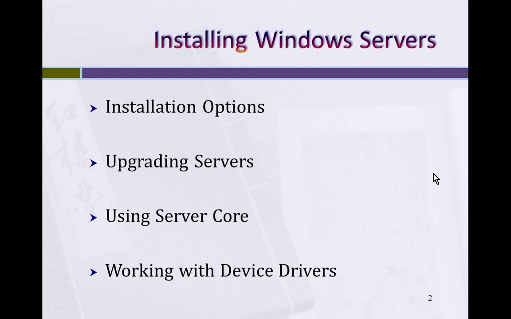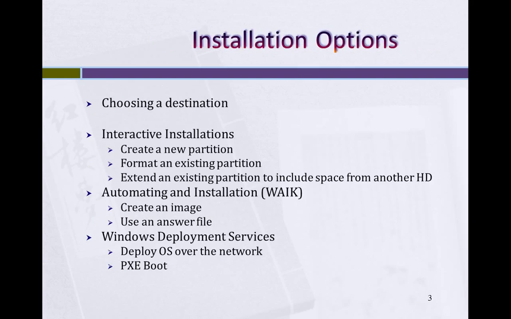Installation options can be done manually, meaning interactively, or you can automate it by using the Windows Automated Installation Kit or the Windows Deployment Services.